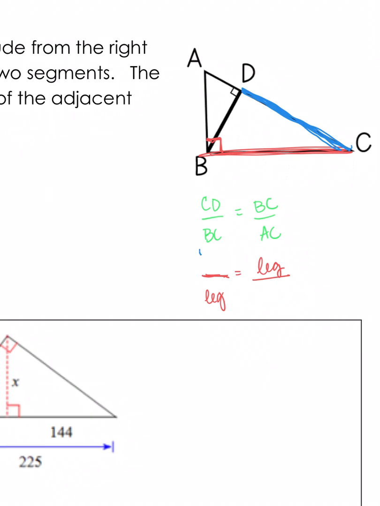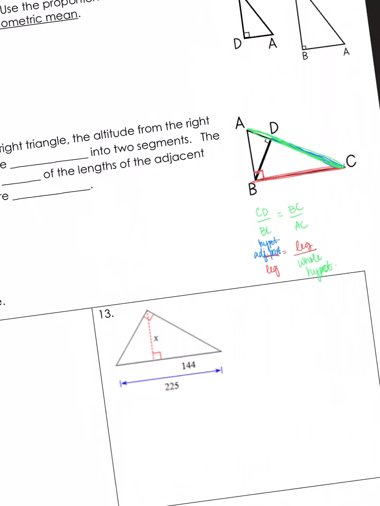So this is the hypotenuse, but it is the adjacent portion. Okay, and then the other thing that we have is AC, which is the whole length of the hypotenuse. Okay, so that is the whole length here, and that is the whole hypotenuse. All right, and that's going to give us our second theorem.